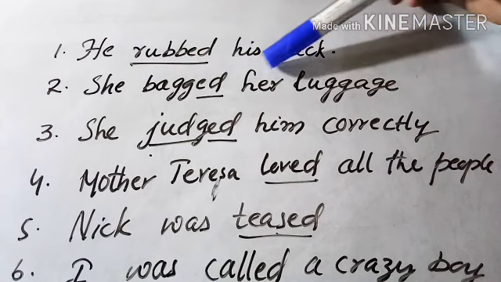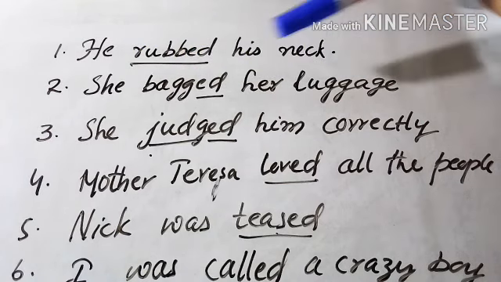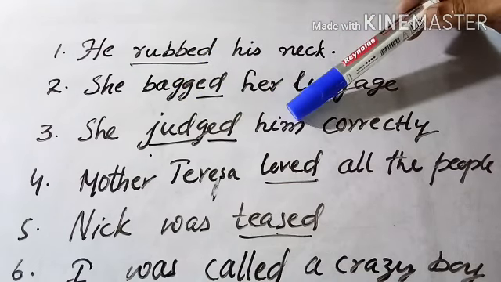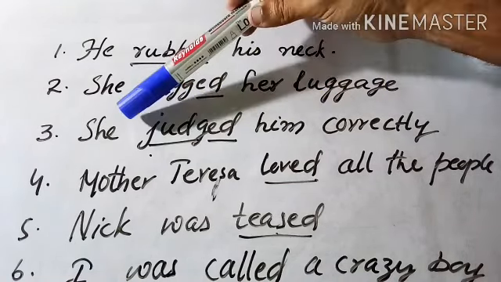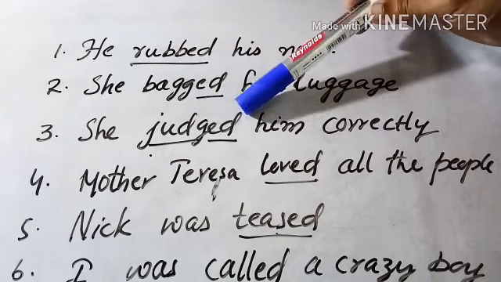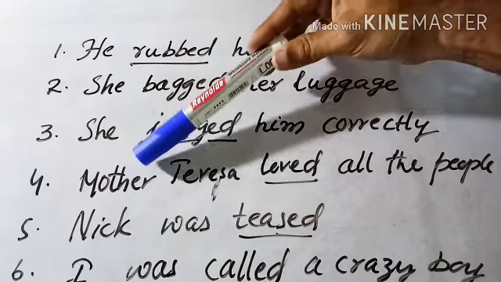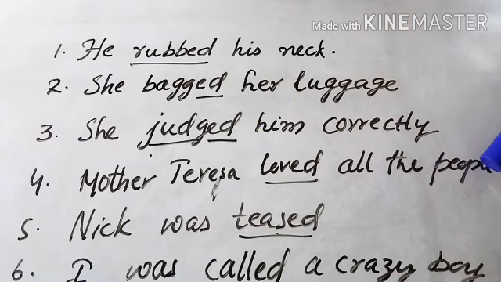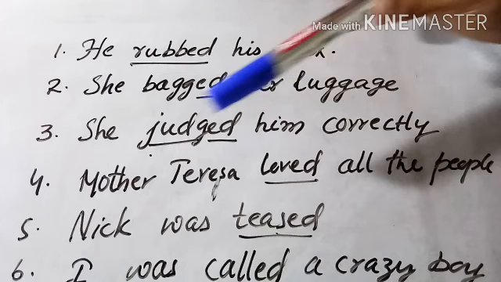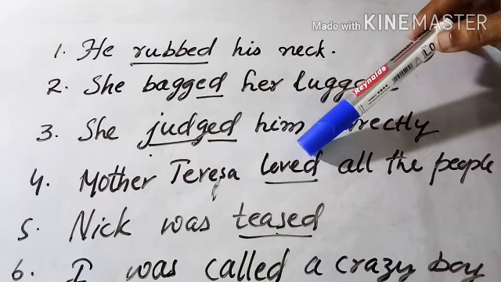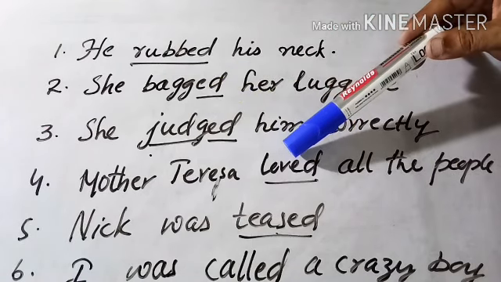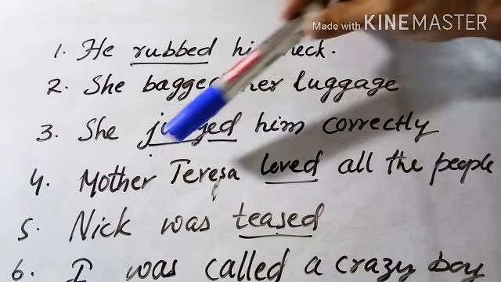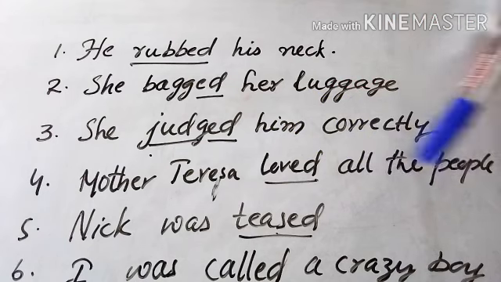She judged him correctly. Mother Teresa loved all the people equally. When we pronounce the v, it vibrates, teeth must come onto the lower lip, then the vibration comes. Mother Teresa loved all the people.